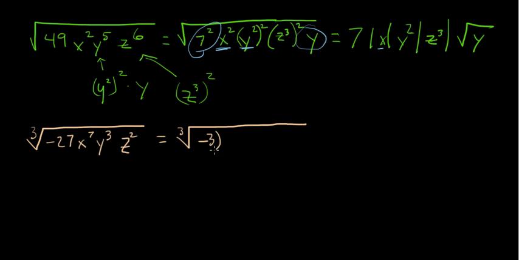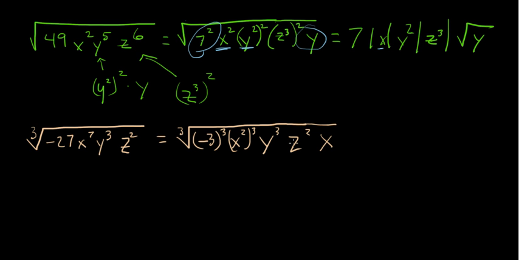Negative 3 to the third power is negative 27. x squared to the third power is x to the sixth. I still have an x left, so I'll stick that out here. Y to the third, z squared.